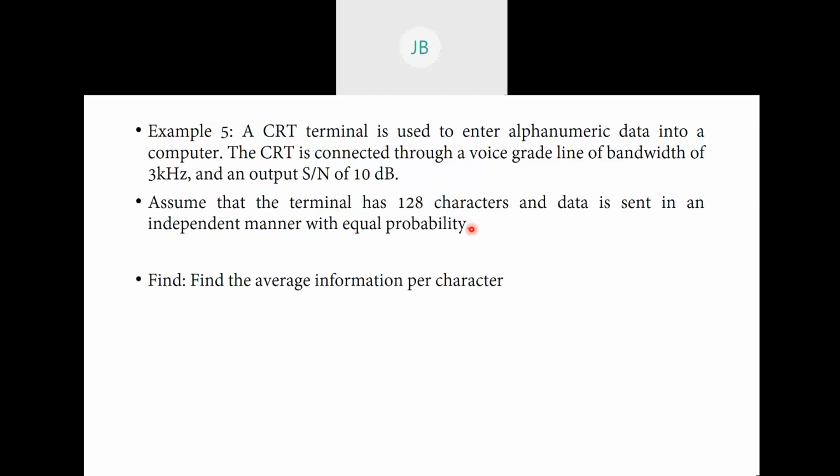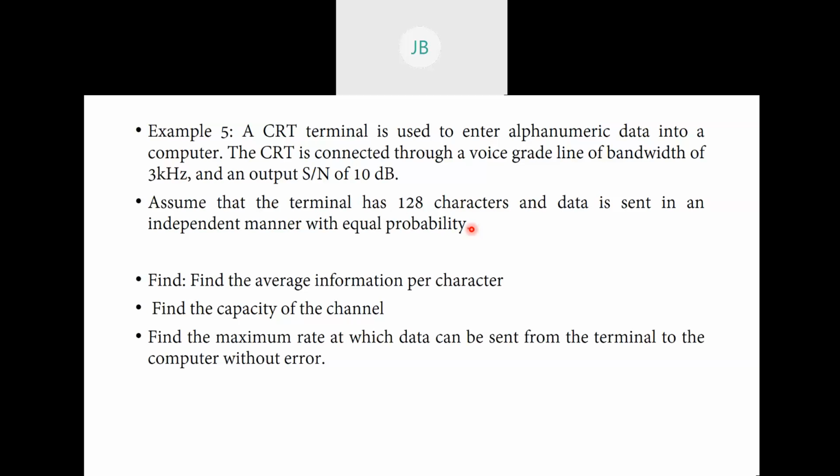In this context, find the average information per character, find the capacity of the channel, and also find the maximum rate at which data can be sent from the terminal to the computer without error. So how can we find out these parameters?